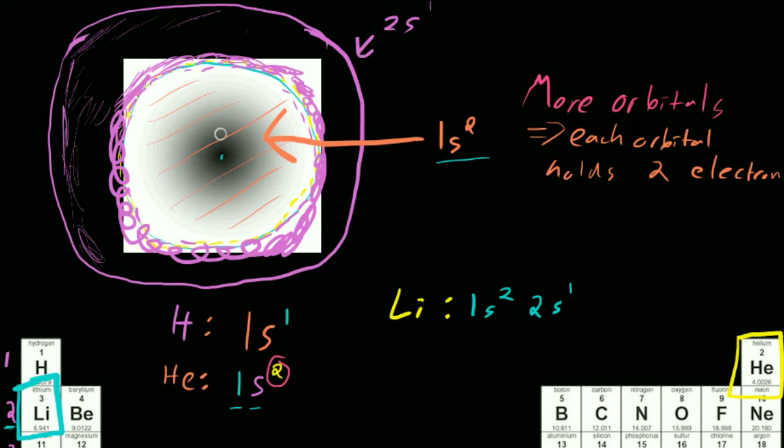So we've got 2 electrons in this 1s orbital, so that's really close to the nucleus. And you can imagine that this nucleus still has a positive charge, right? And these electrons that are floating in have all got negative charges.